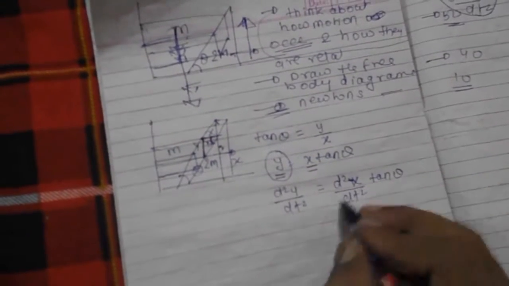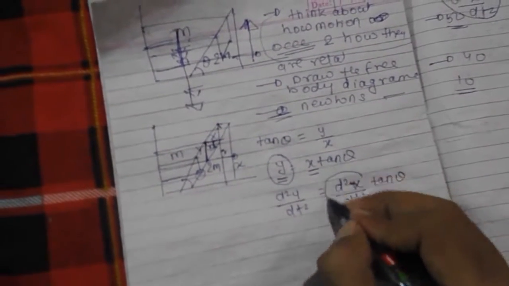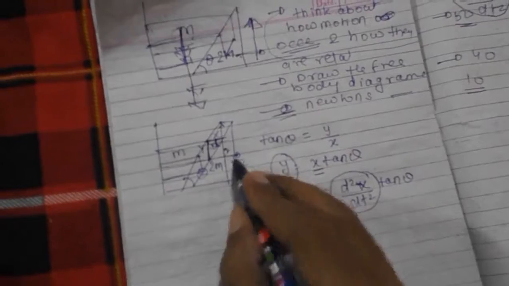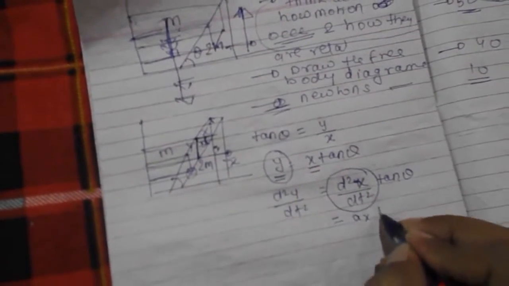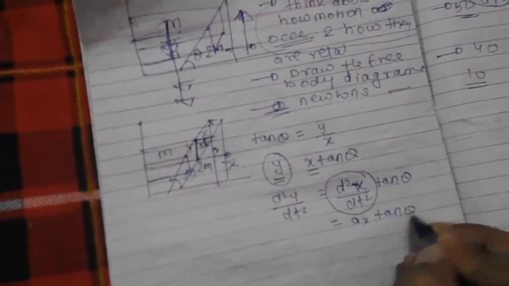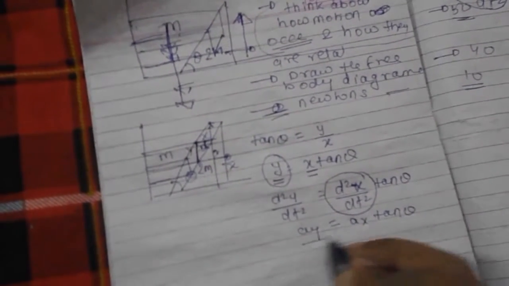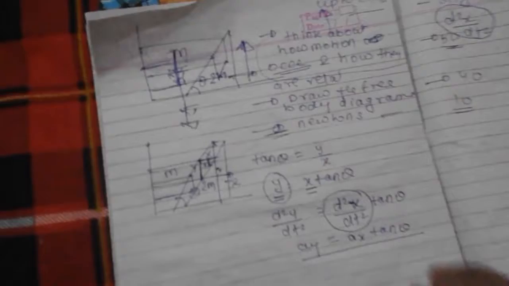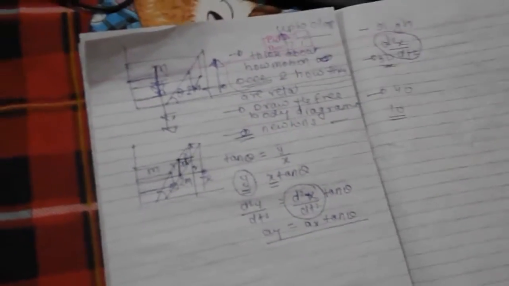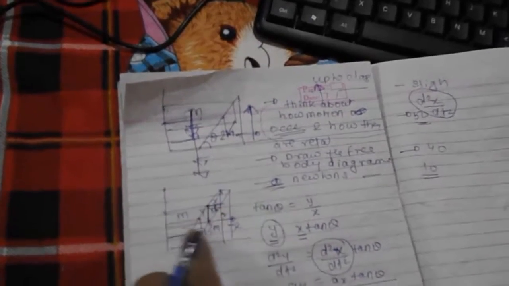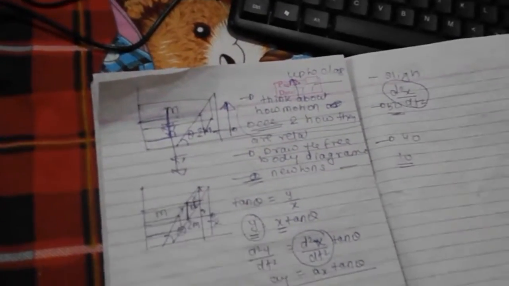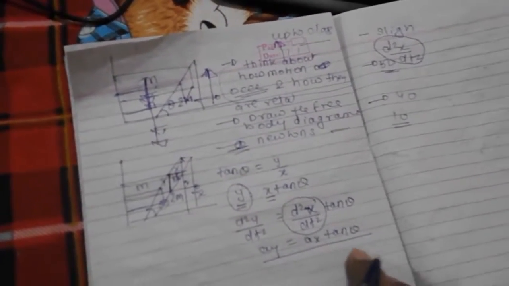This is the acceleration of this block, so ay is equal to ax tan theta. It is very simple to calculate. Now I have found the direction of motion and the relation.